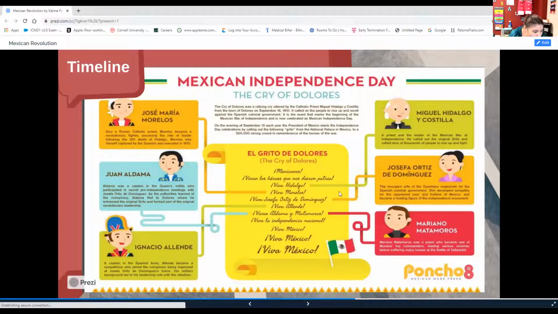Okay, so it's long live Hidalgo, long live Morales, all of these people is what's kind of being said. Long live Mexico, viva Mexico. Mexicans, long live the heroes. So this is long live the independence of the nation.